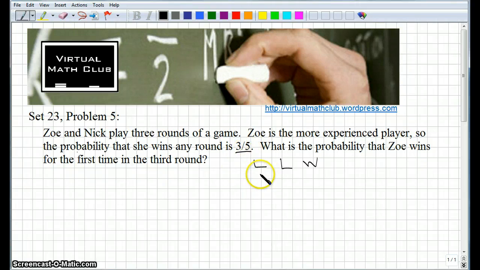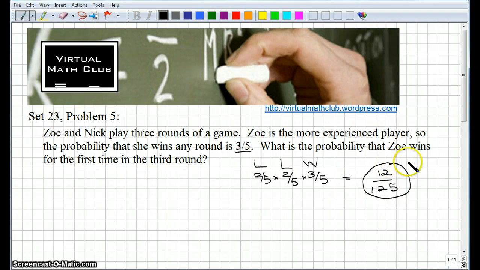So the probability that she loses on the first round is 2/5, and the second round she has a probability of losing of 2/5, and her probability of winning the 3rd round is 3/5. Okay? And all we have to do is multiply those together, and we'll get 12/125. Okay? And that's the answer.